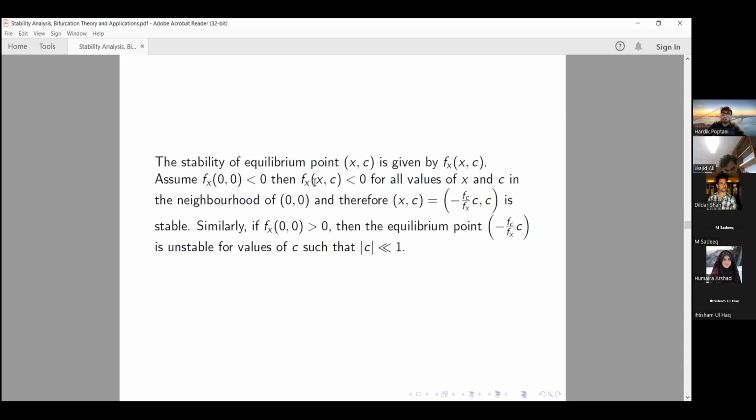Then, of course, the x derivative of f is less than 0 for all values of x and c in the neighborhood of 0, 0, and therefore the equilibrium x of c, which is properly defined, is stable. Similarly, if it's greater than 0, then the equilibrium point here is unstable. And of course, we defined c to be a very small parameter change.